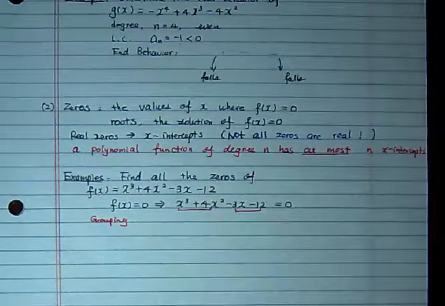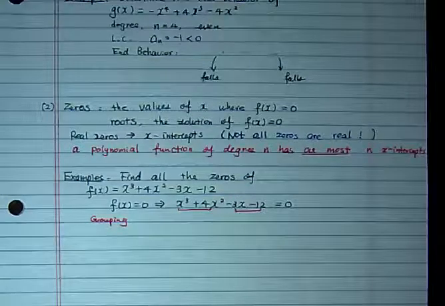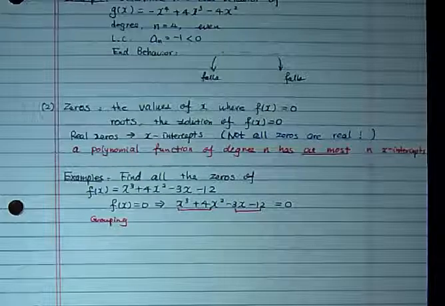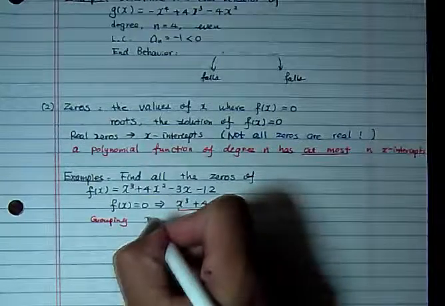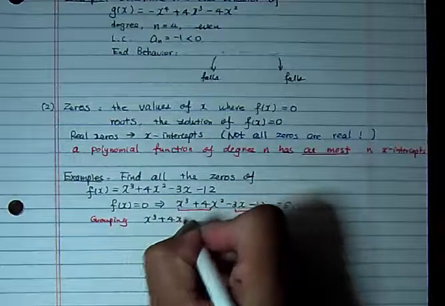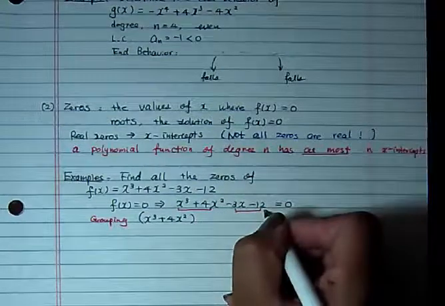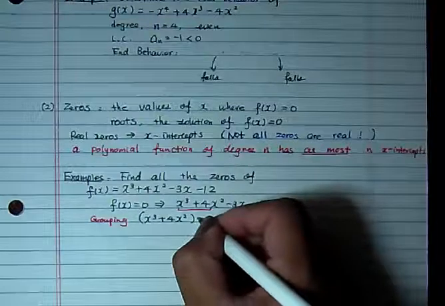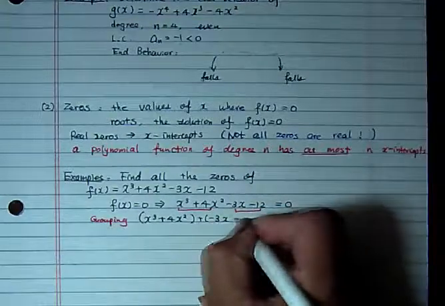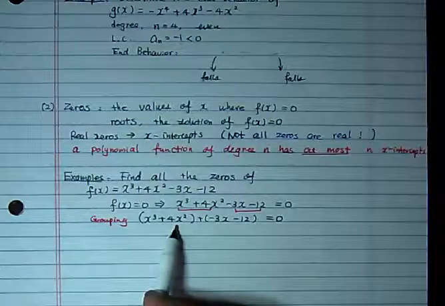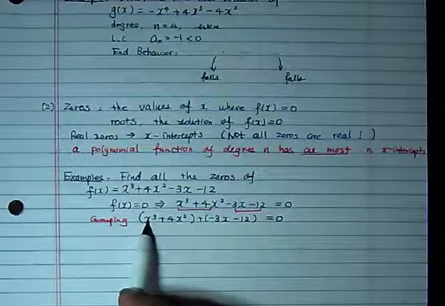Usually we group the first two and the last two, to see what we can get from there. So that is x cubed plus 4x squared, and these two together, plus negative 3x minus 12 equals 0. Compare these two, what are the common factors? The greatest common factor is x squared.